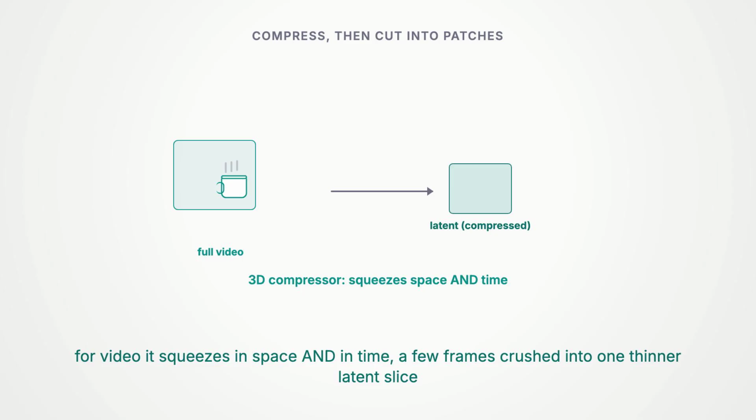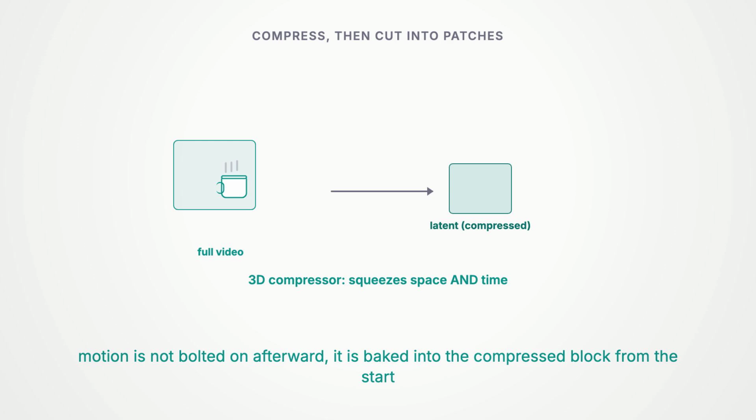For a still picture, that compressor squeezes it into a much smaller stand-in, a latent. For video, it squeezes in space and in time. A handful of nearby frames get crushed into a single thinner slice of latent. That is the crucial difference. Motion is not bolted on afterward. It gets baked into the compressed block from the start, because the squeezing happens along the time axis too.